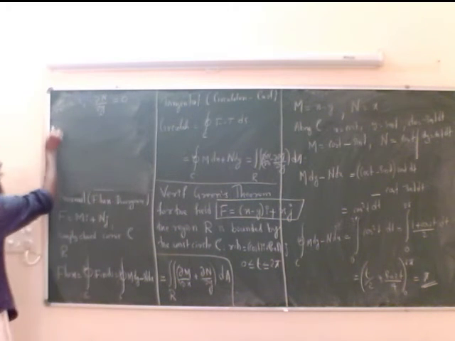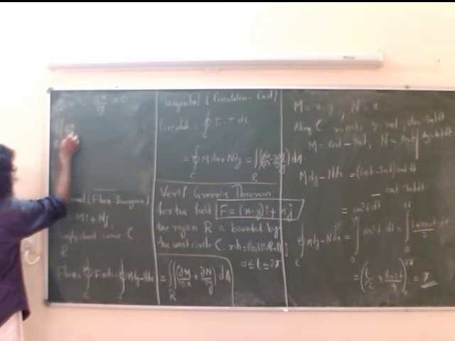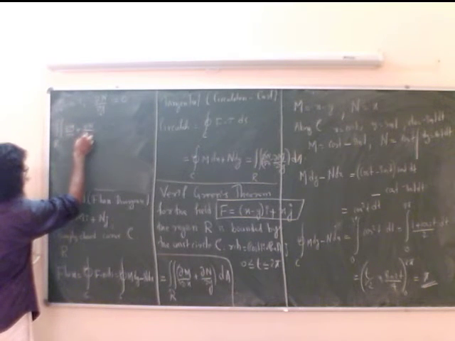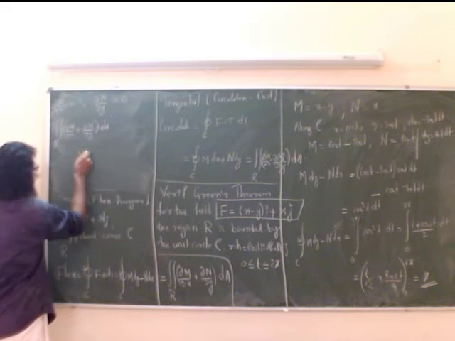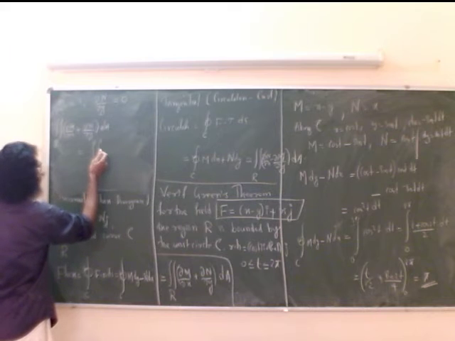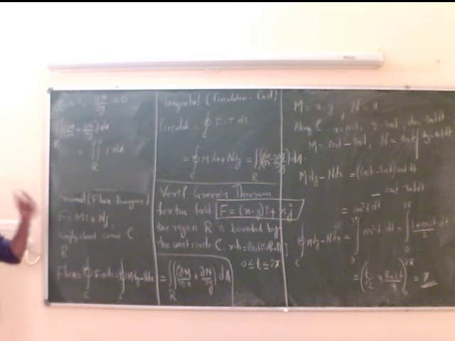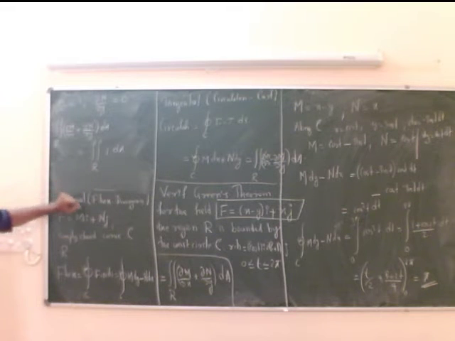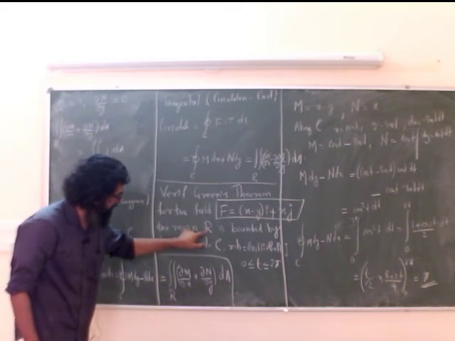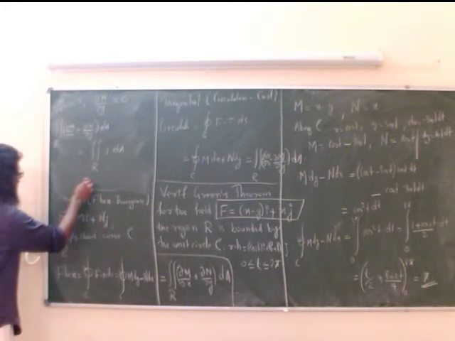So what I have is the double integral over R of dou m by dou x plus dou n by dou y dA, which is equal to the double integral over R of 1 dA. And from the double integral theory, we know this is nothing but the area of the region R. R is the region bounded by the unit circle, and we know the area of the unit circle is pi.